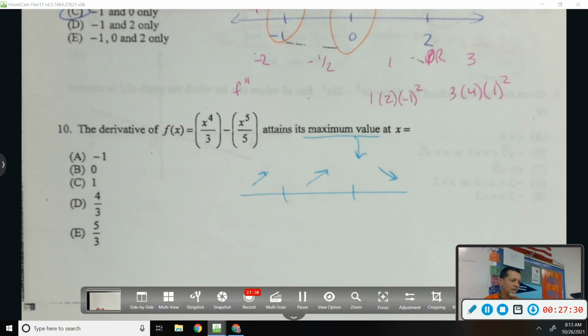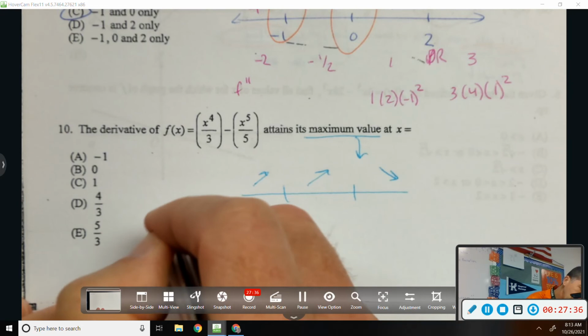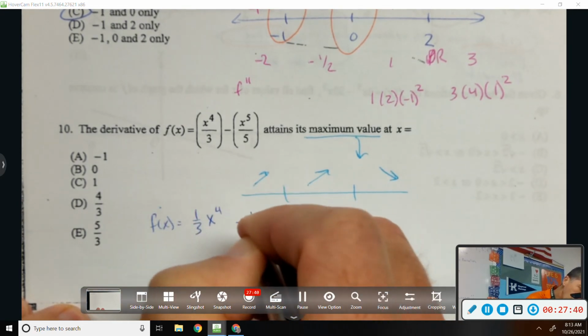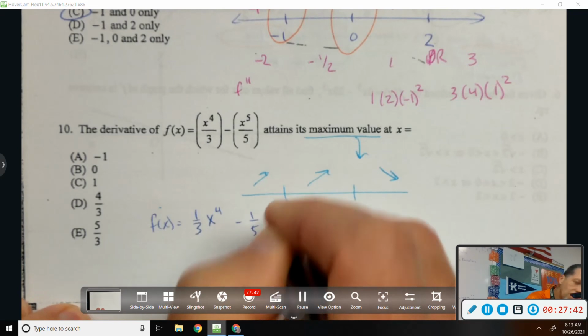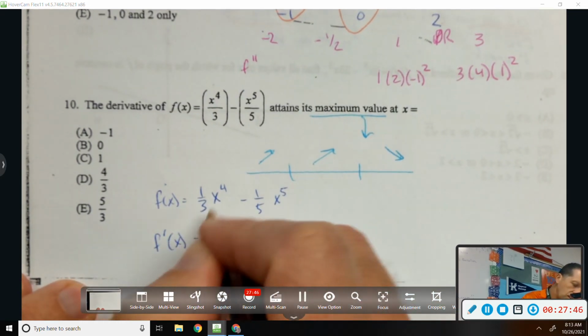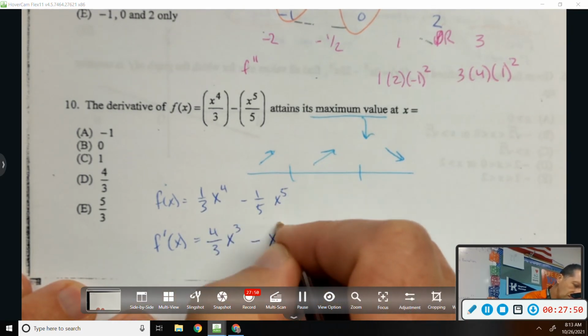Emily, how do you do that derivative? Because I could not. So it might help to rewrite that as 1/3 x to the 4th minus 1/5 x to the 5th, if that helps. So 4/3 x cubed minus x to the 4th.